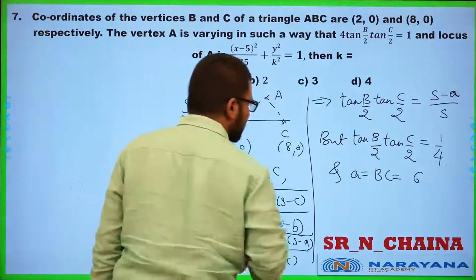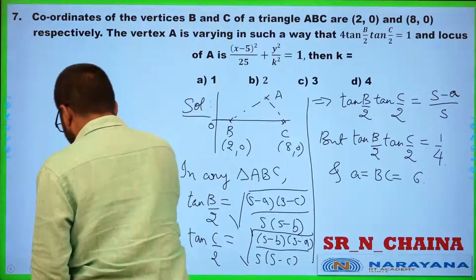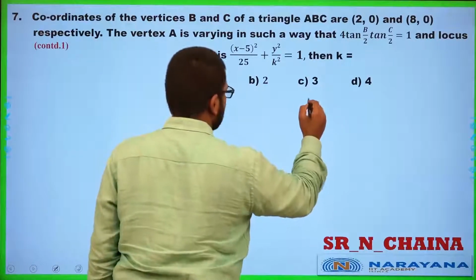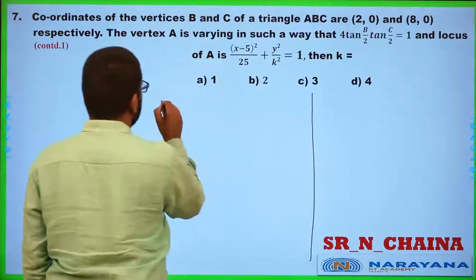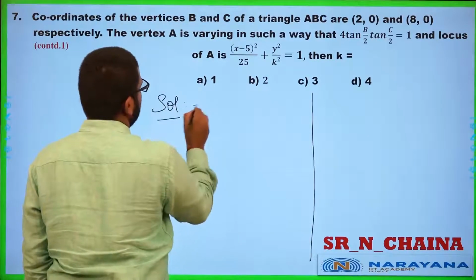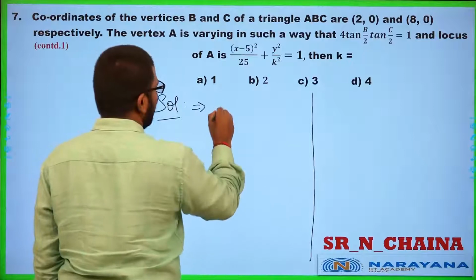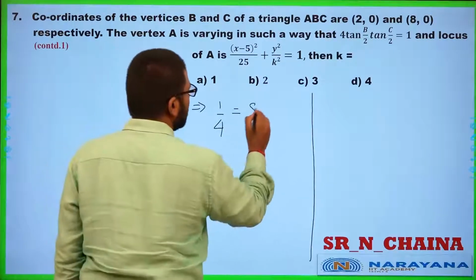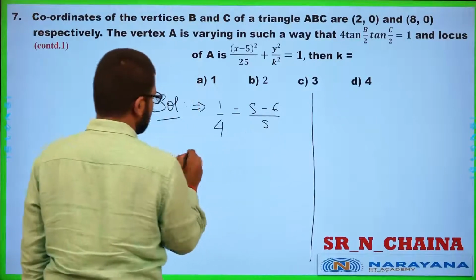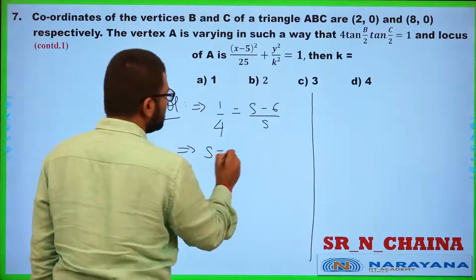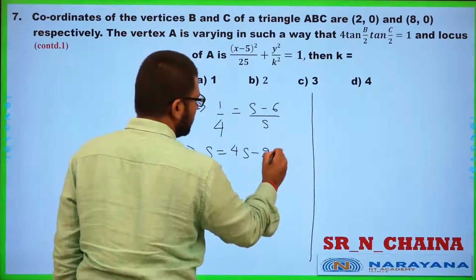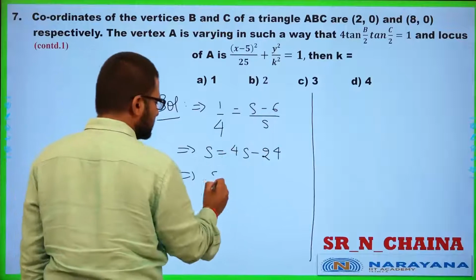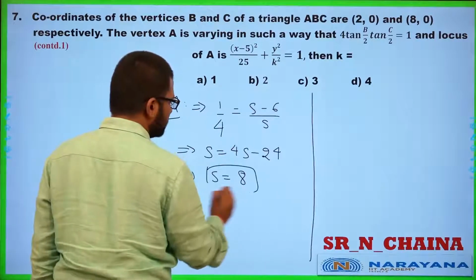Substituting, we will have 1 by 4 is equal to S minus A upon S, so S minus 6 upon S. Cross multiply, S is equal to 4S minus 24. Bring this here, so 24 equal to 3S, or S is equal to 8.